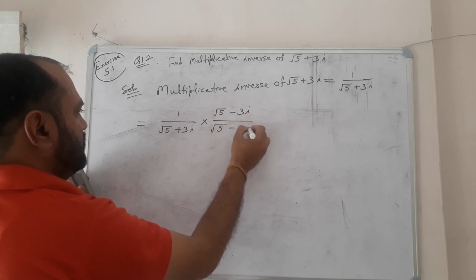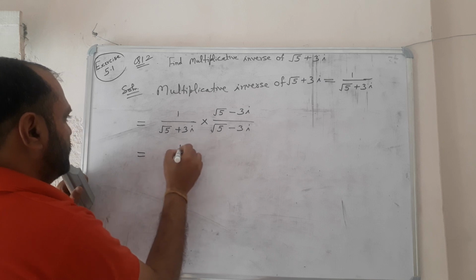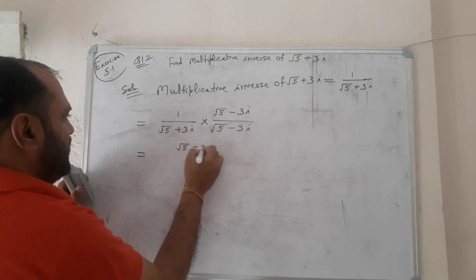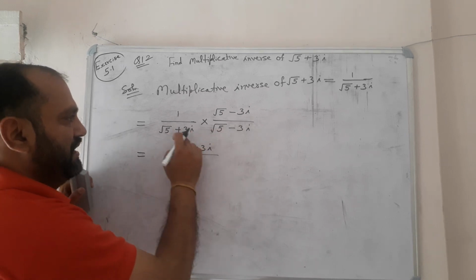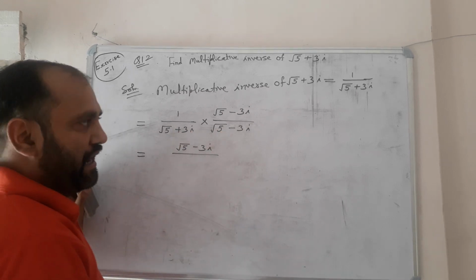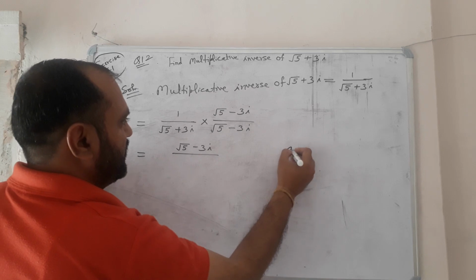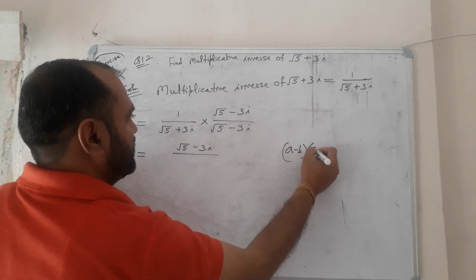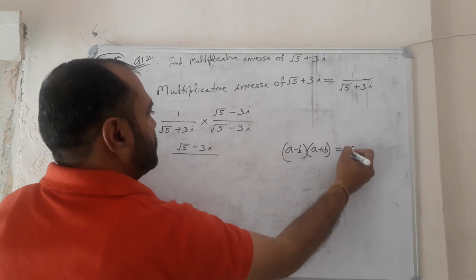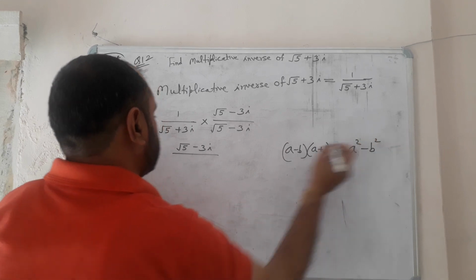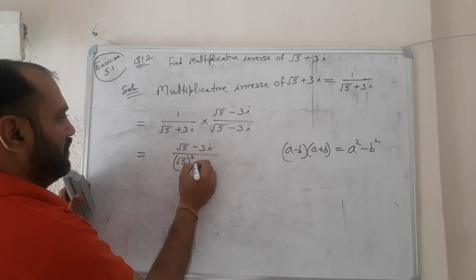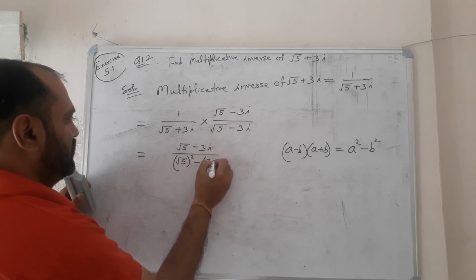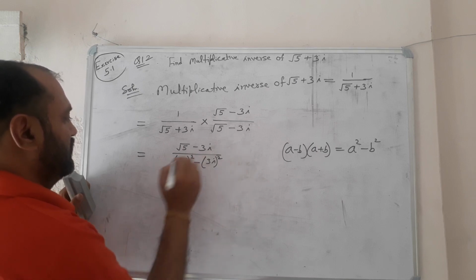right? So, we have root 5 minus 3 iota, and in denominator when you multiply these you can use the identity a minus b into a plus b, that is equal to a square minus b square. So this becomes root 5 square minus root 3 iota square, right?